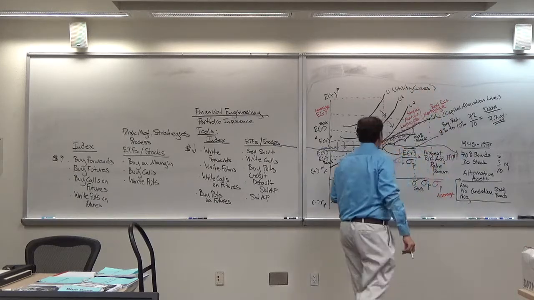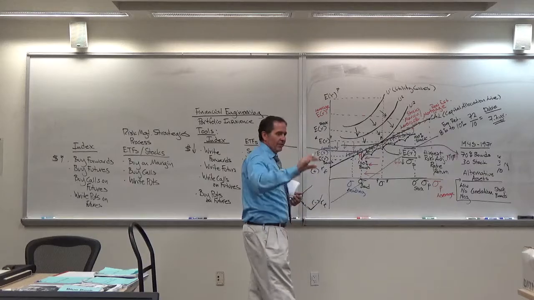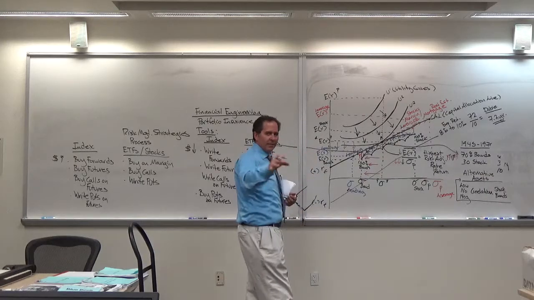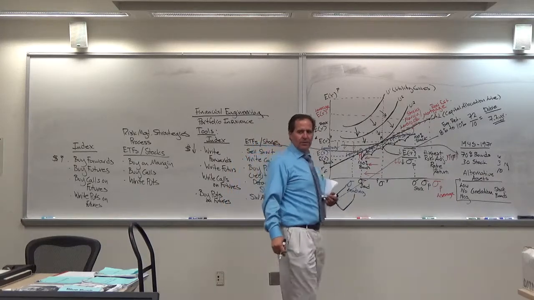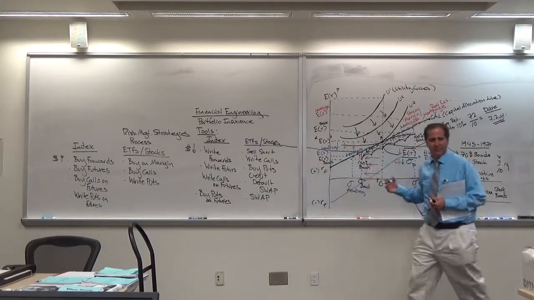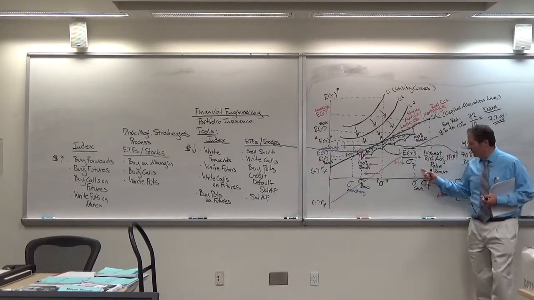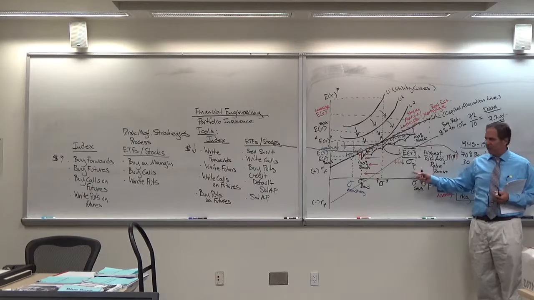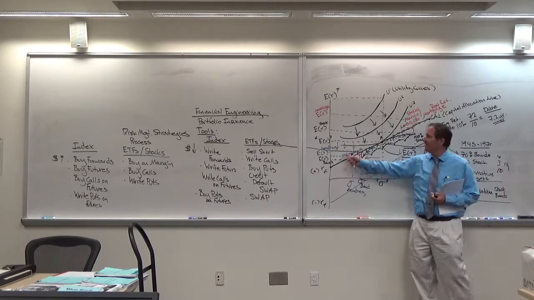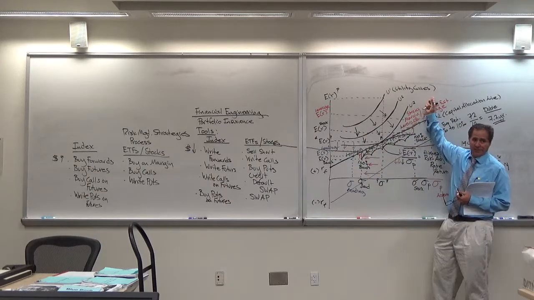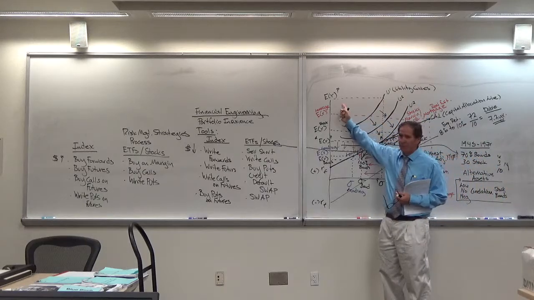Now, very simple question. If you were an investor, where would you like to be in this spectrum? Do you want to be over here, a high-risk portfolio at low return, high return, high risk, or low risk and high return?